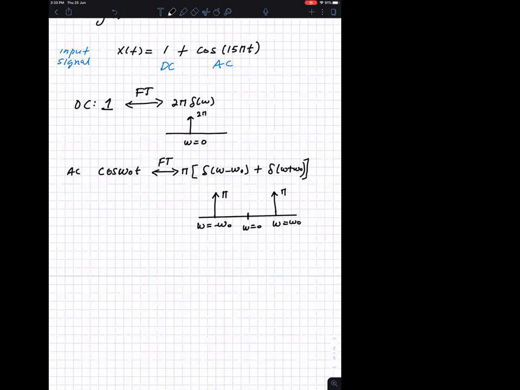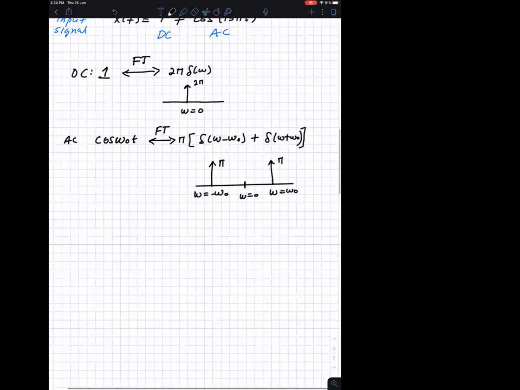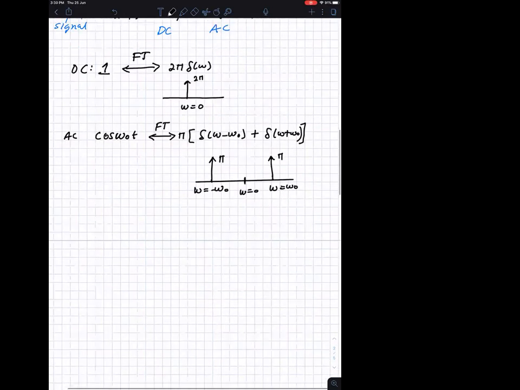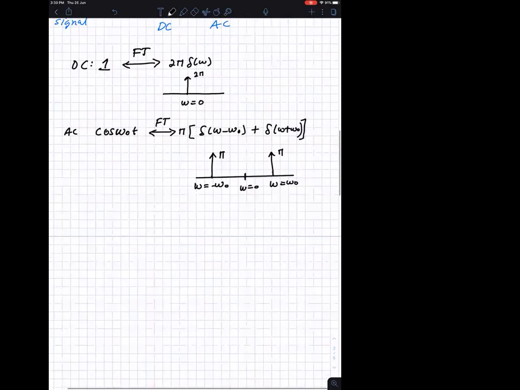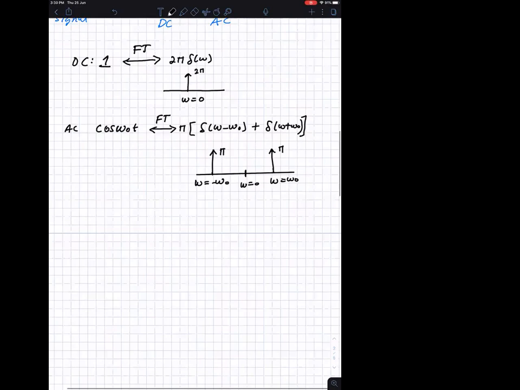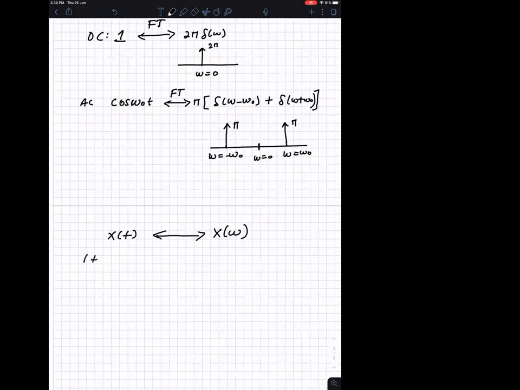After taking the Fourier transform, you combine them. What will be the Fourier transform of this function then? You just combine these two. Graphically, DC is 2 pi, so it's going to be taller.